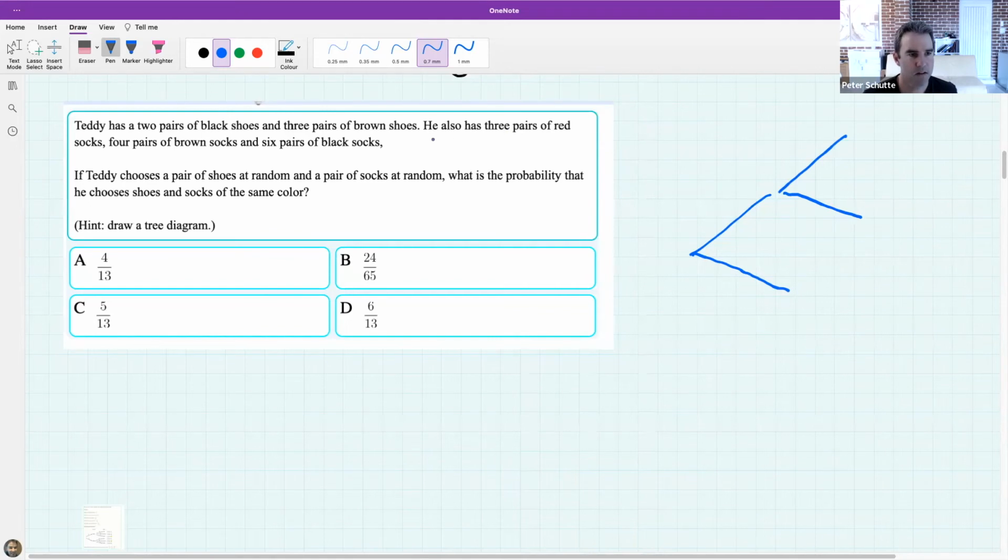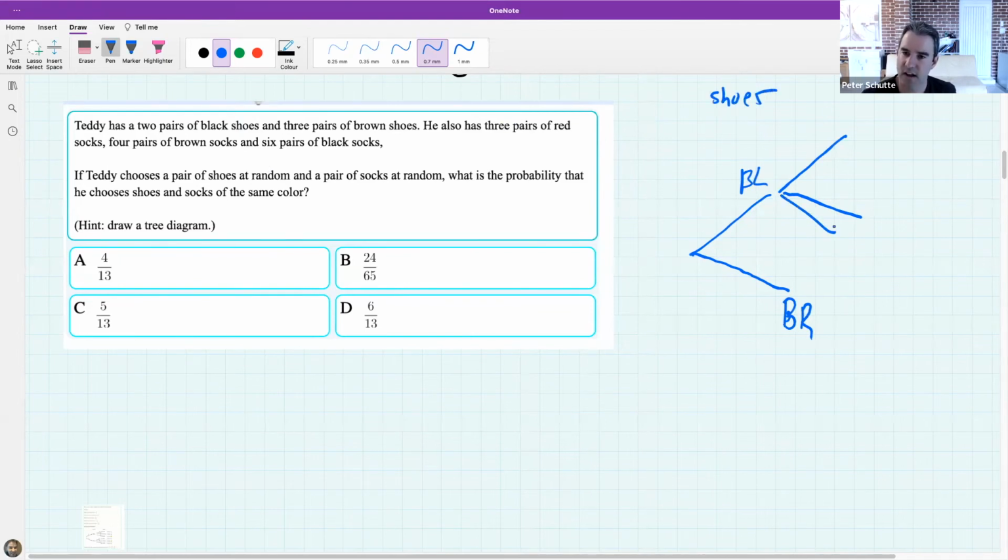Three pairs, four pairs, red. So I have black and brown, and then I have red and brown and black. So I'm going to call this BL for black and BR for brown. And that's going to be shoes.